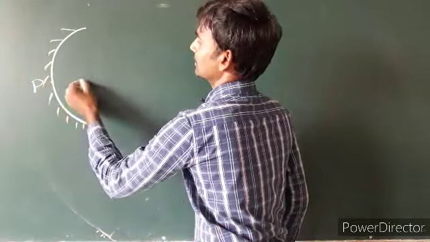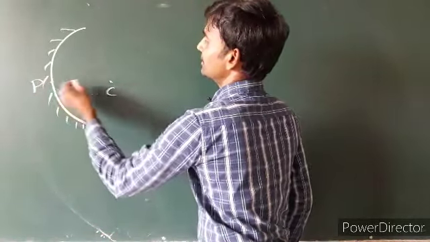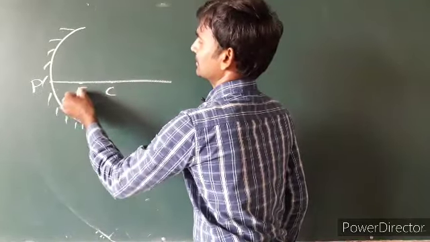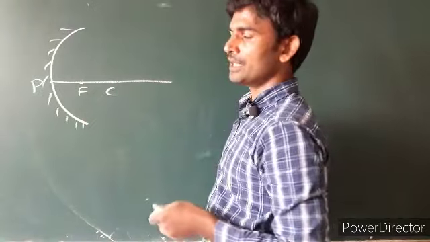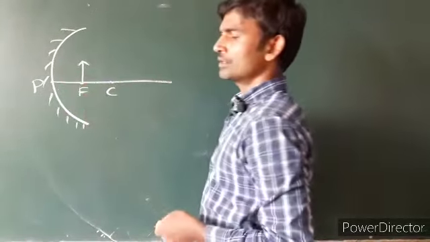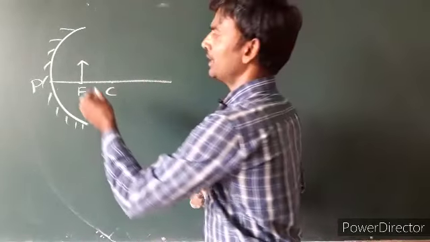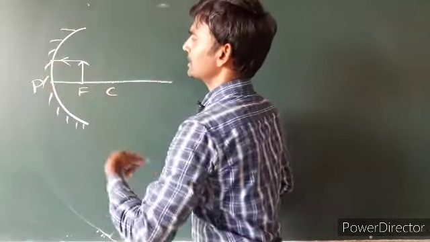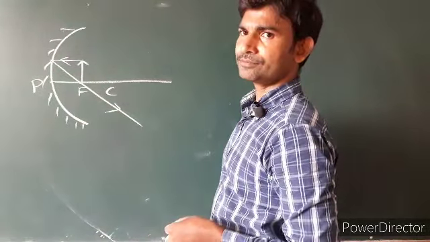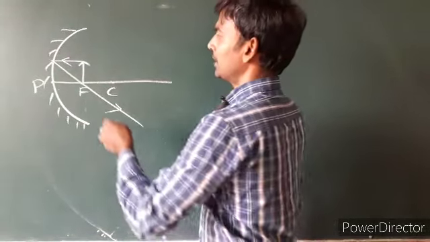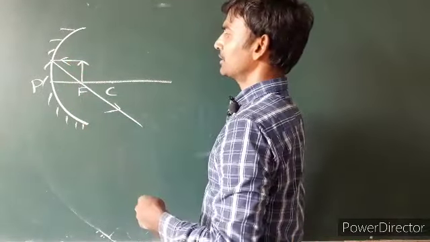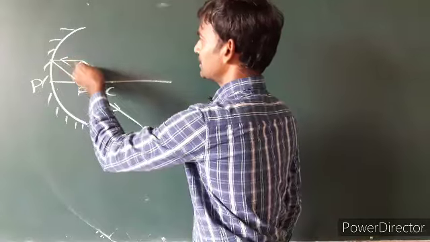Pole, center of curvature, this is the focus. Now I am keeping the object on the focus. A light ray parallel to the principal axis passes through the focus, and one more option is passing through the center of curvature.